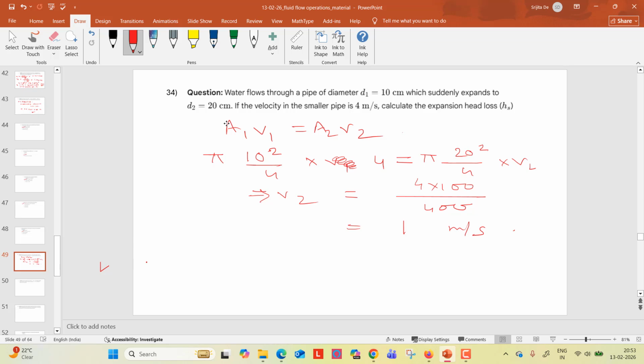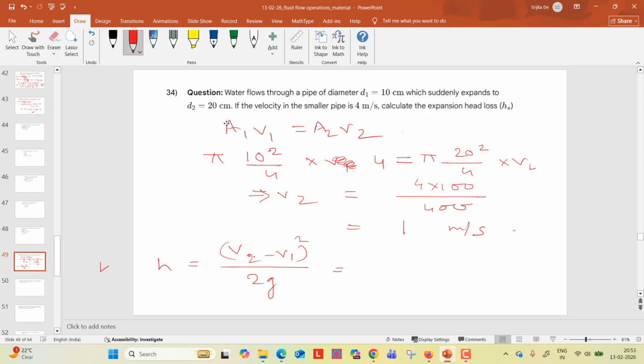And head loss H is V1 minus V2 whole square by 2g. Sorry, I have written it wrong again.